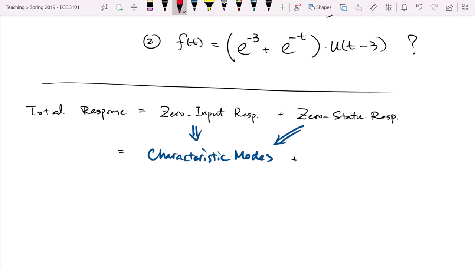The zero state response, some of them belong or appear in terms of the characteristic modes. Others will appear as the input induced terms.